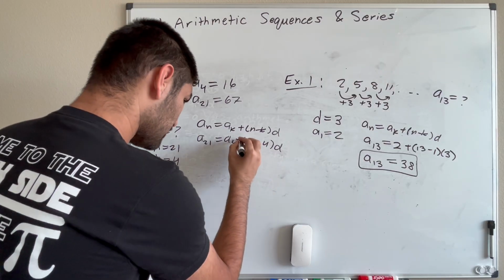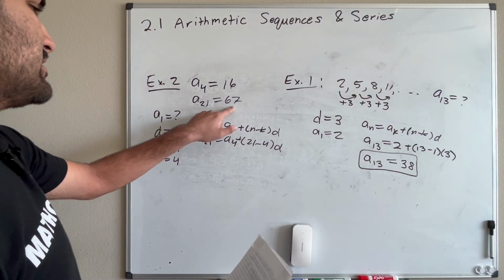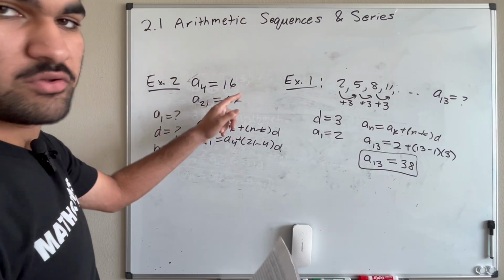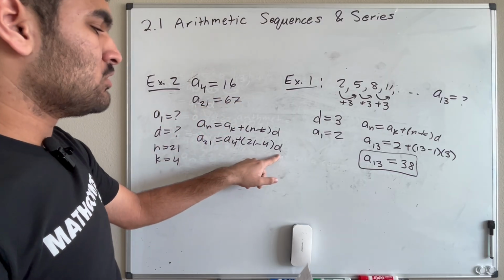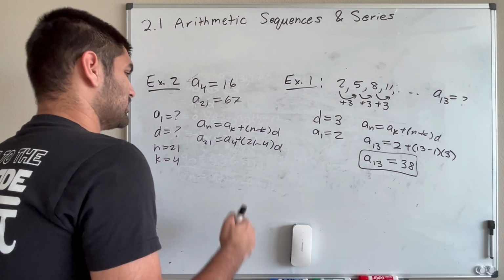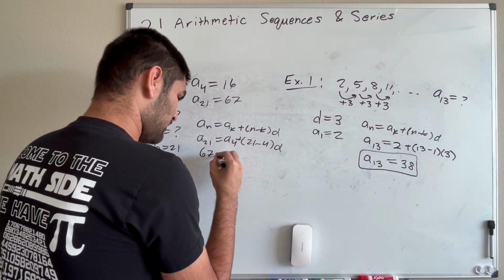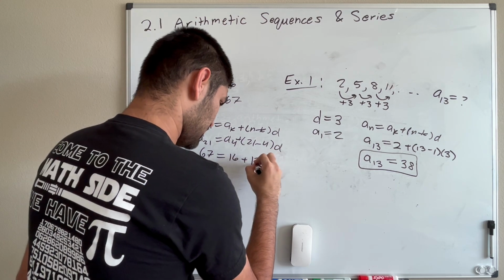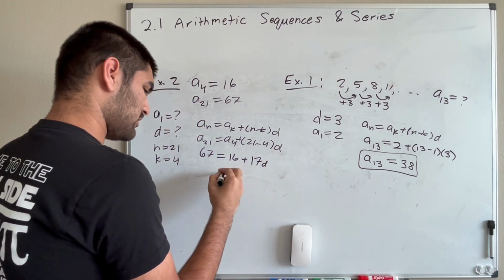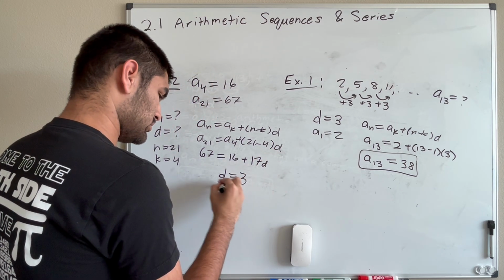We know what a21 is because that's given, and we know what a4 is because that's also given. So once we plug everything in, the only unknown is d, so we can solve for d. So 67 is equal to 16 plus 21 minus 4, which is 17d, and then solving for d, you get d is equal to 3.